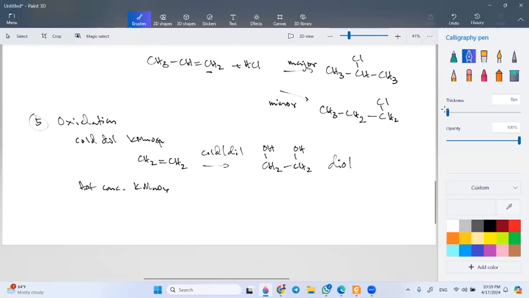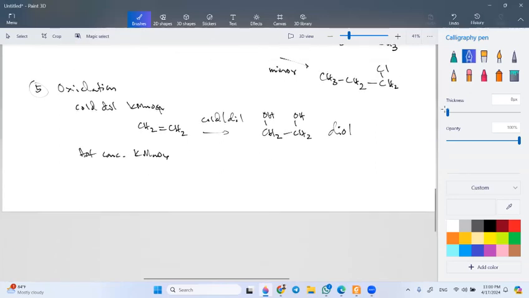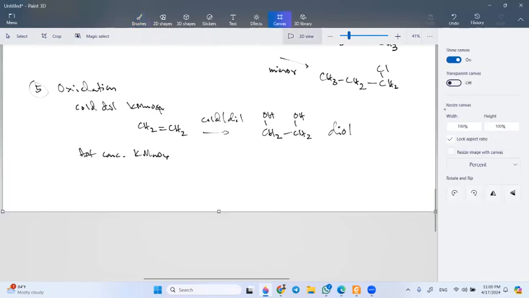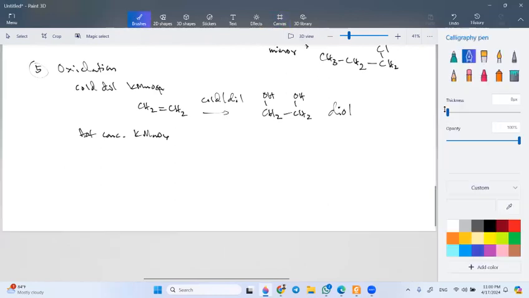When it comes to hot concentrated KMnO4, the products depend on the type of the atoms attached to the molecule, right? Say for example, if the molecule is having two hydrogen atoms, it can produce carbon dioxide.